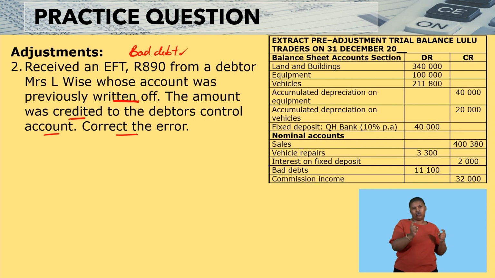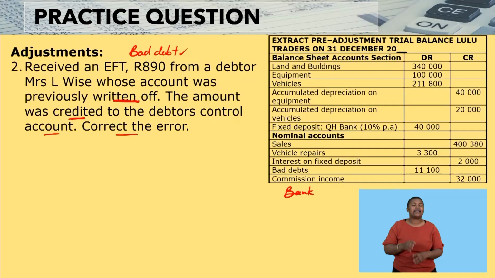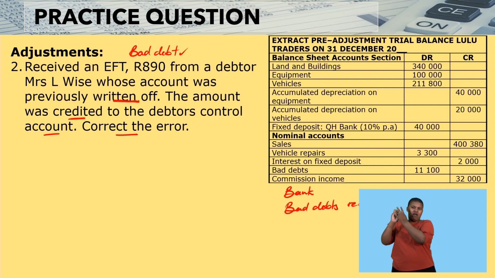The moment that debtor comes back to pay, it no longer affects our debtors' control, because that amount was already removed the moment we wrote him off as a bad debt. However, it will affect our bank and bad debts recovered. It does not affect our debtors' control.